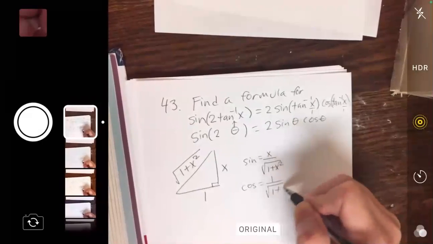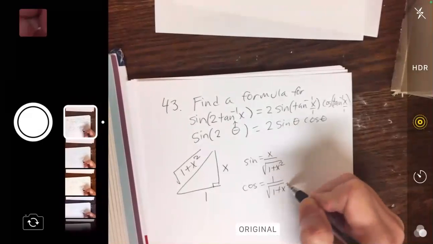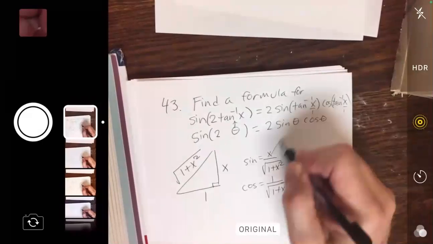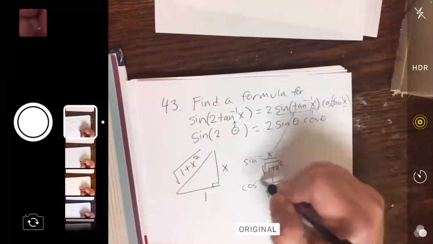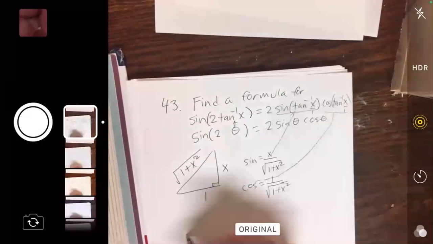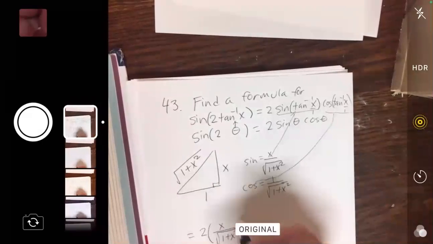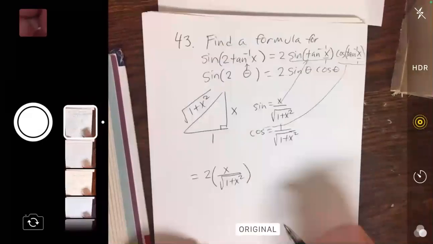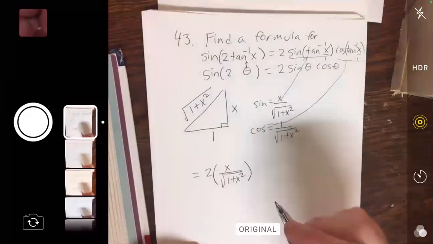Plug in the sine for all of this and the cosine for all of that. You would get twice x over the square root of 1 plus x squared, times 1 over the square root of 1 plus x squared.